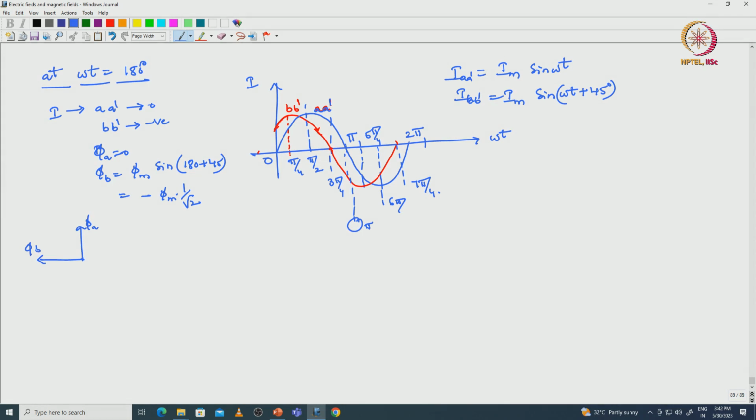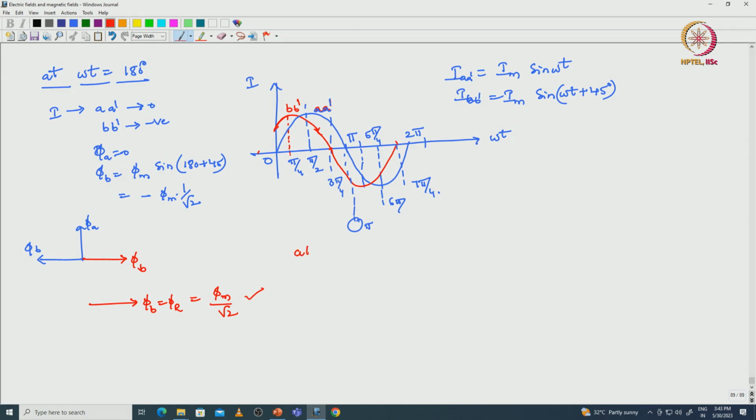Now the phi B direction has to be reversed because of the current. So this is the new phi B, and the resultant vector is also in the same direction, phi m by root 2, if I consider only the magnitude. The same thing we can identify with the flux loop analysis also.